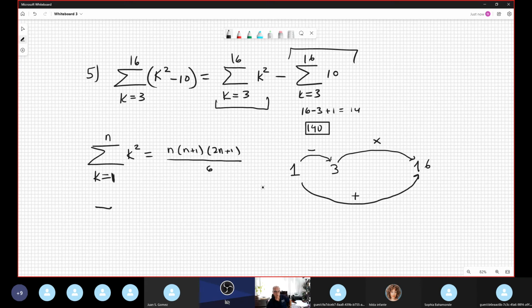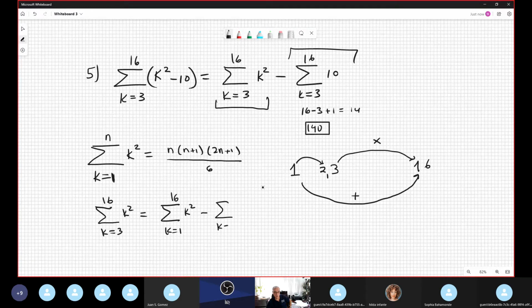So you want to find the summation from k equal 3 to 16 of k squared, which is equal to the summation from k equal 1 to 16 of k squared, but I make a mistake here again. It's not 3, it's 2. It's the previous of this, right? Minus, you're subtracting another summation that starts at 1 and ends at 2 of k squared.